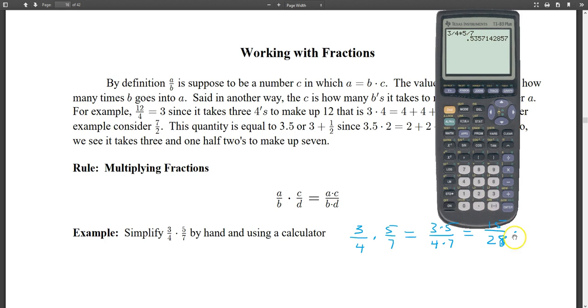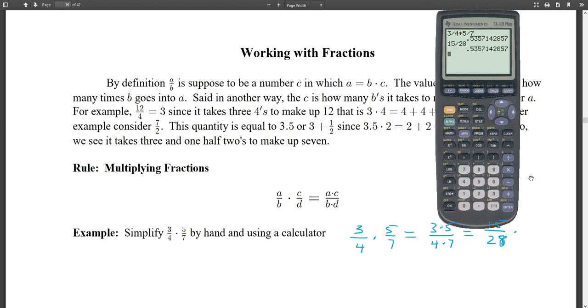So let's just check that it is the same as 15 over 28. If we evaluate 15 divided by 28, we get the same value back, so yes, we did that correctly down here.